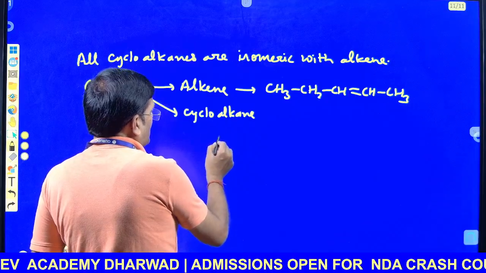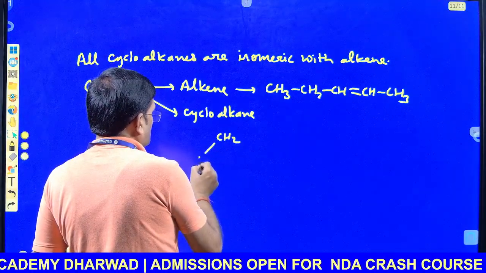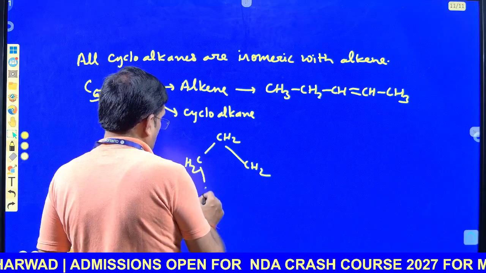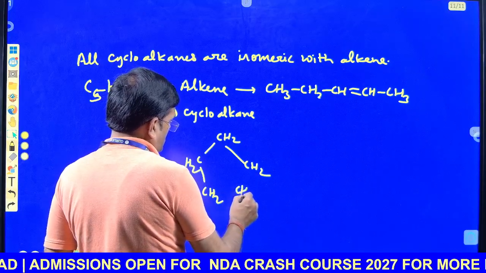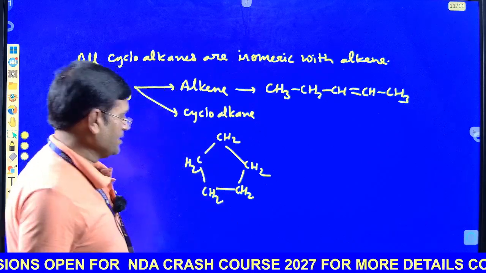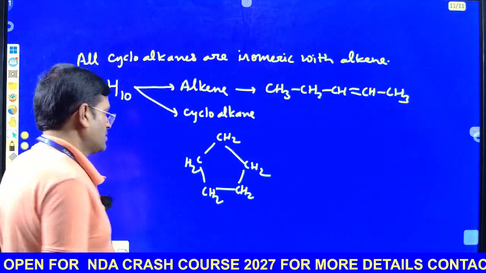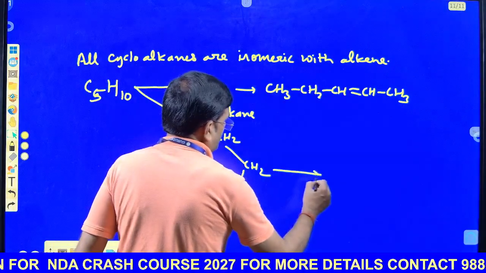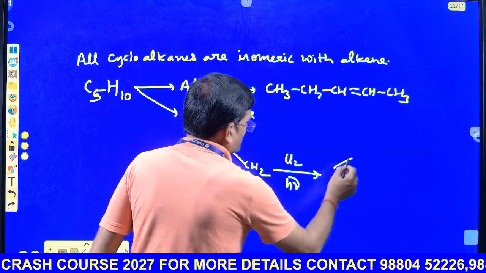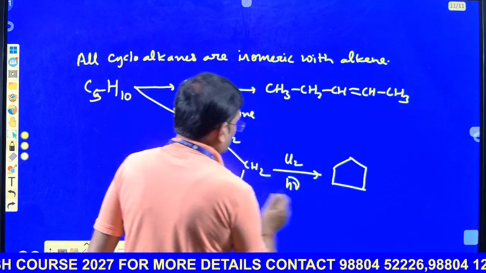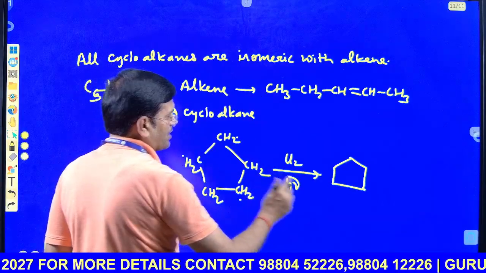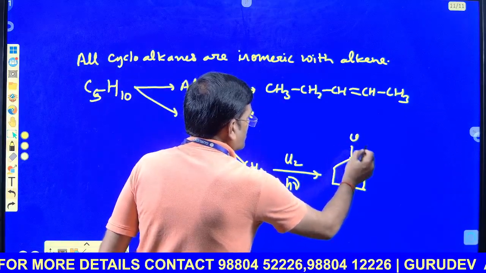But in cycloalkane you can have CH2 CH2 CH2 CH2 CH2. Cyclopentane, just see all hydrogens are secondary hydrogens. So substitution of any hydrogen by chlorine, either this one, this one, this one or this one, any one, you will get the single monochloro derivative.